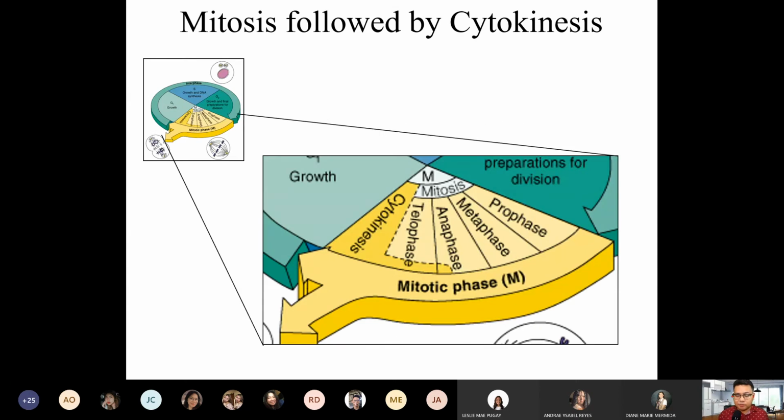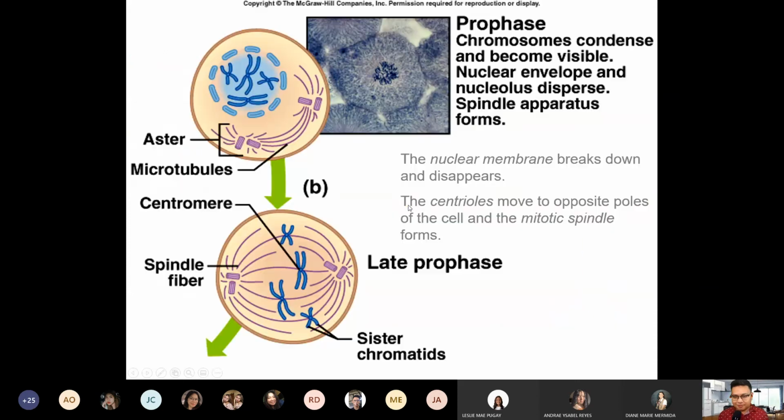Okay? So these are the phases of our cell cycle. This is the actual cell cycle, but it focuses only on mitosis. Okay? So prophase, metaphase, anaphase, telophase, and cytokinesis. Cytokinesis is the last part in which our cells totally separate.